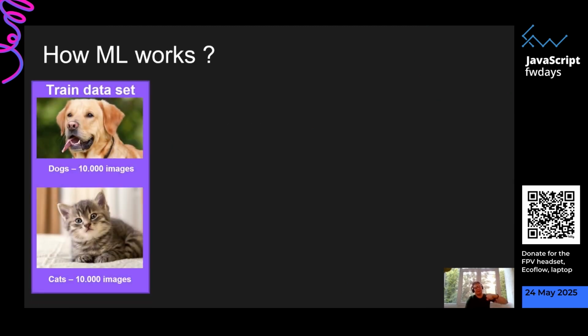How it works. Let's say that I have a training data set with 10,000 images of dogs and 10,000 images of cats. If I ask you right now which is which, obviously you know which is a dog and which is a cat. Why? Take a small break, a few seconds, and tell me why the top one is a dog and why the bottom one is a cat. Because you know.